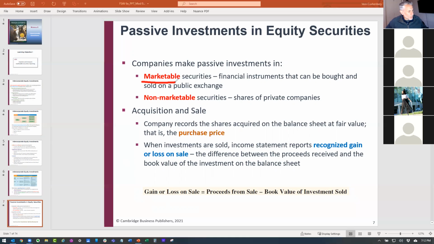If it's non-marketable, meaning non-publicly traded, a little bit harder to sell, maybe you don't have a quote, maybe you don't have a price, the accounting treatment's still the same, but now you have a problem on your hands. When you need to know the value and you don't have a marketable quote, what means are available to you as an analyst to go out and get that value?